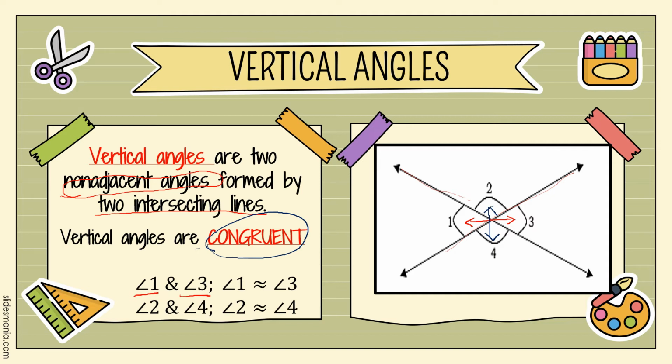So if the measurement of angle 1 is equal to 70 degrees, that means that the measurement of angle 3 is also equal to 70 degrees. Is it clear? And if the measurement of angle 2 is 110 degrees, what would be the measurement of angle 4?